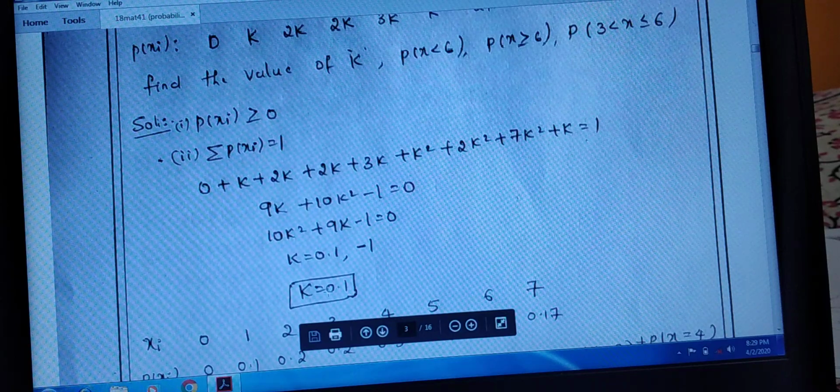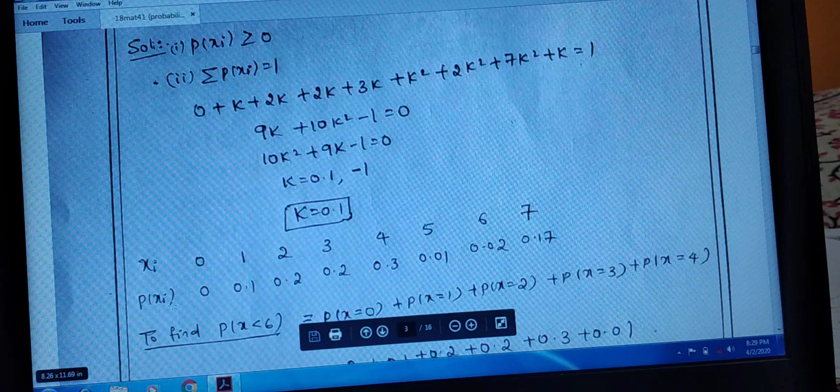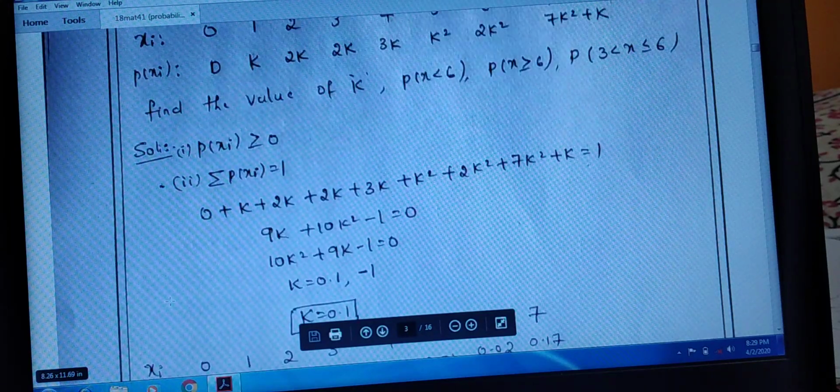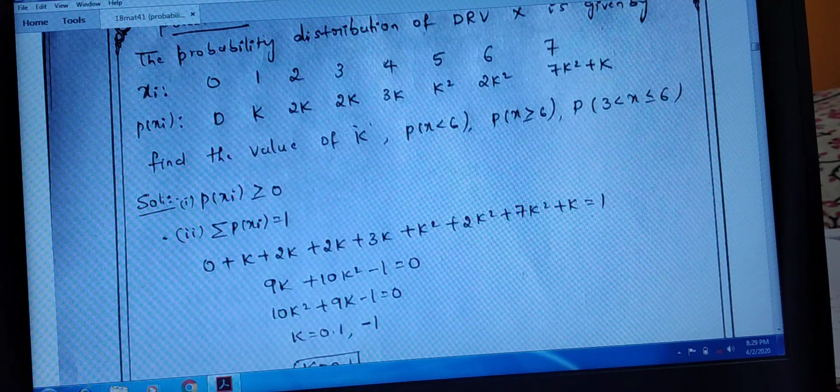Now substitute the value of k in your p of xi, and you will get a new table. The probability distribution for the given problem has the xi values, which are already given in the problem, and the p of xi row, where you substitute your k value.